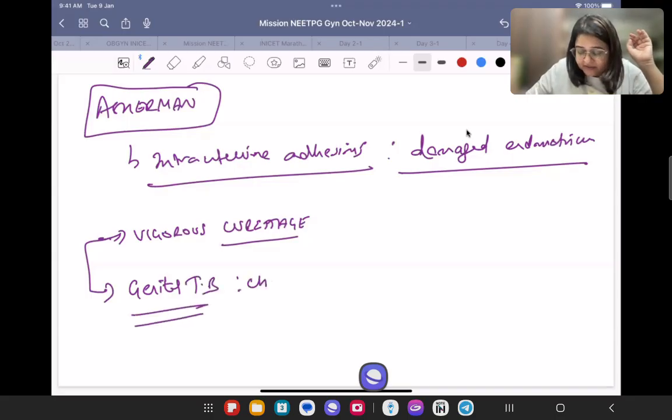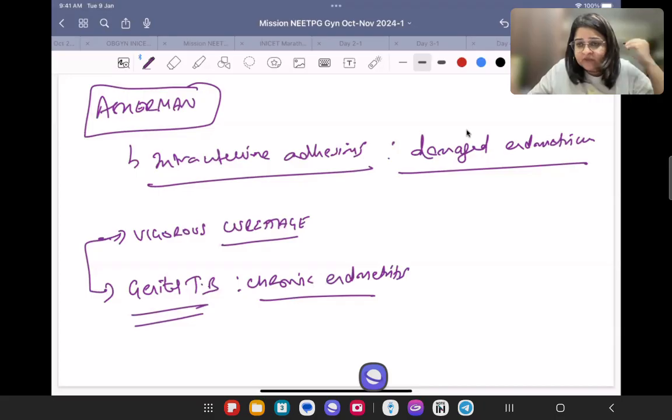Okay, where there is chronic endometritis. So there is chronic damage to the endometrium. This chronic endometritis leads to intrauterine adhesions or synechiae and leads to Asherman syndrome. So Asherman syndrome can be seen in both scenarios.